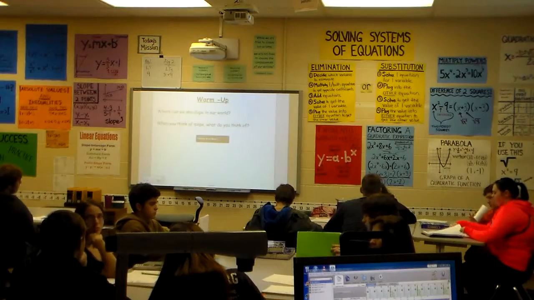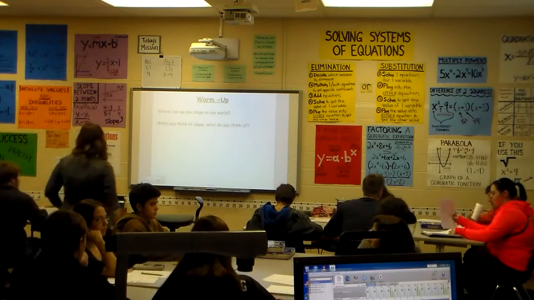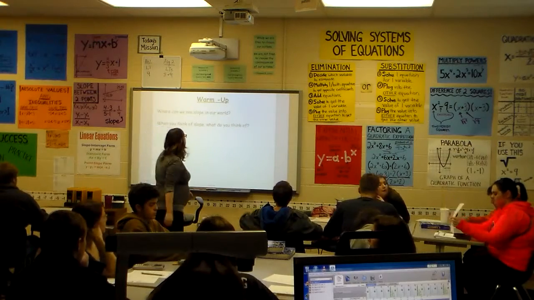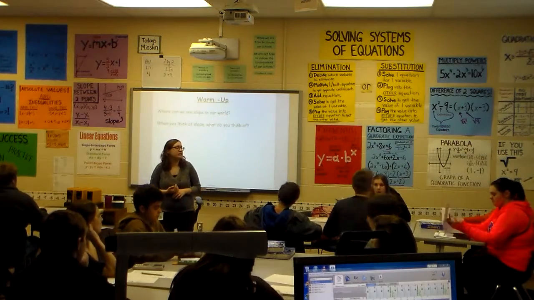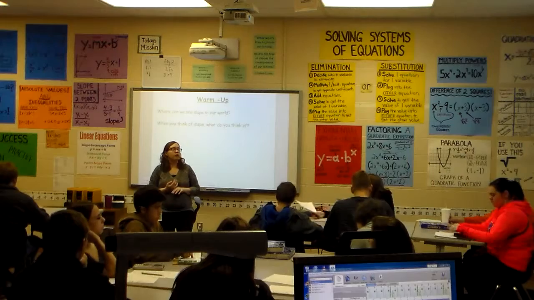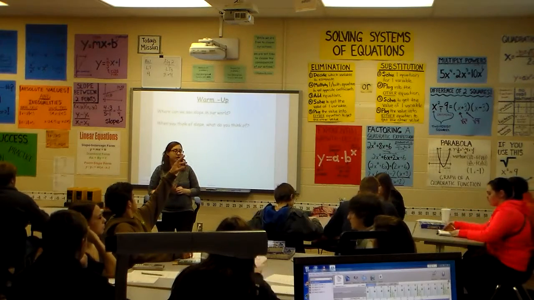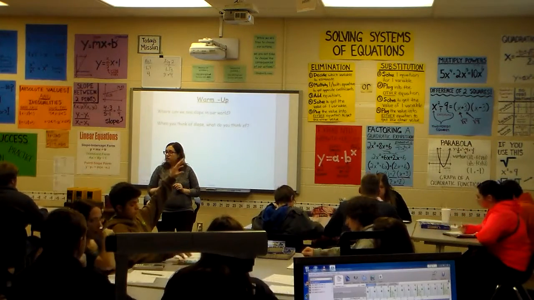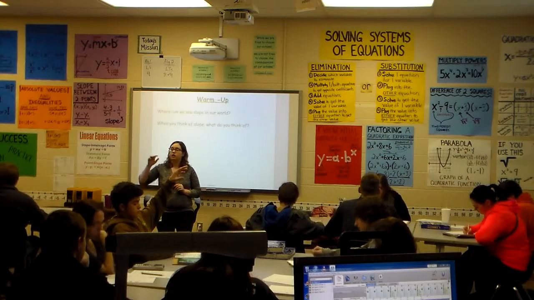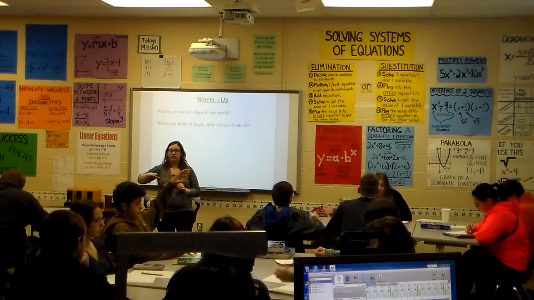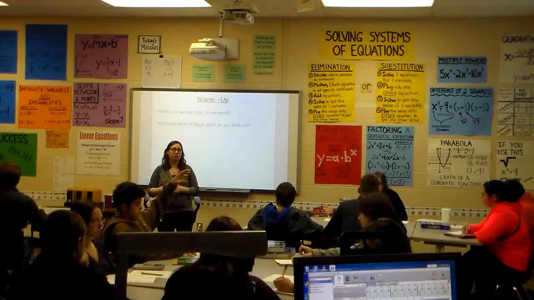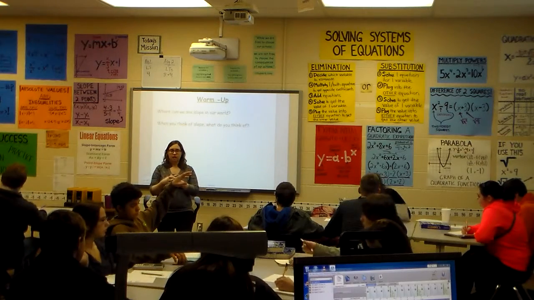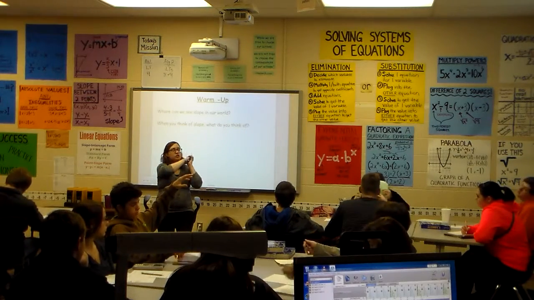So right now, talk with the people at your table. We're going to take a look at this warm-up. There are 2 questions. Where can we see slope in our world? And when you think of slope, what do you think of? So right now, talk with the people at your table, not the people at a table next to you. Talk about these 2 questions.